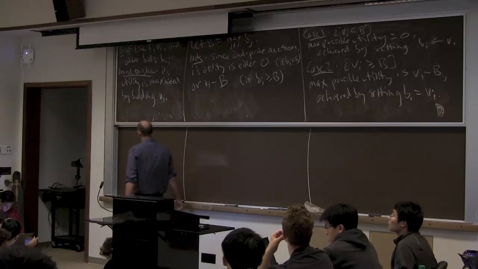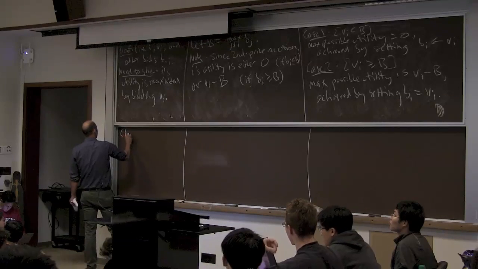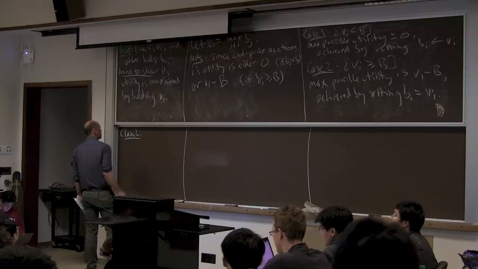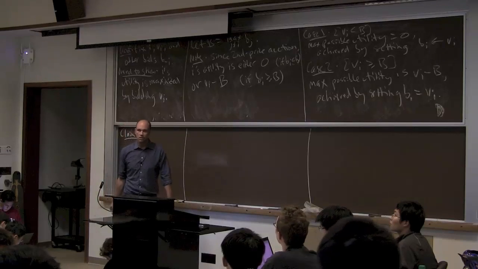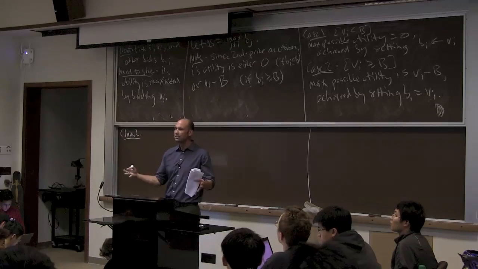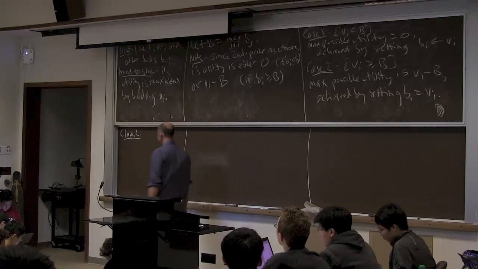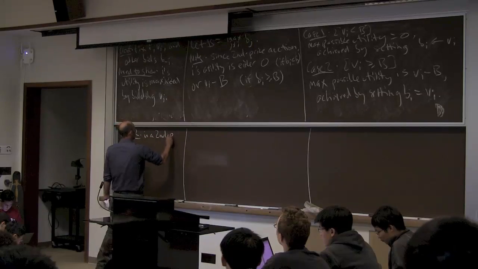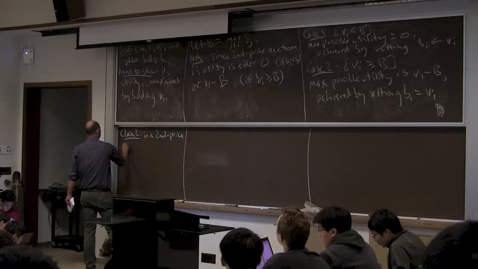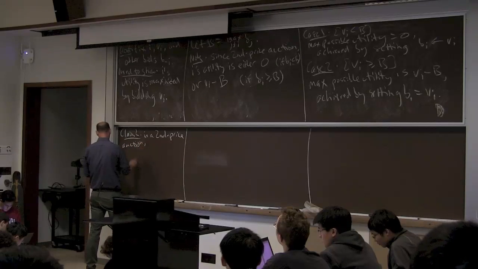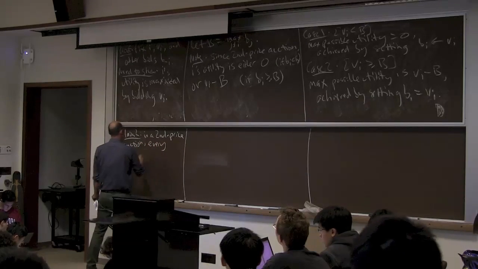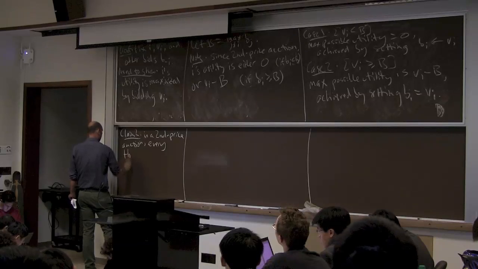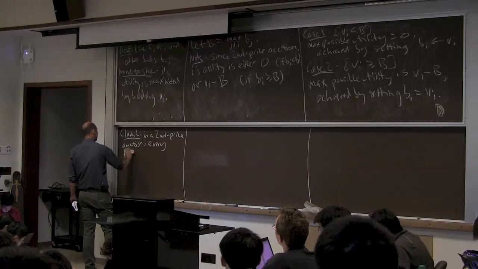Let me just point out another very easy property to see, which is you will also never regret participating in a second price auction, at least if you do the obvious thing and bid truthfully. So I claim that in a second price auction, I'm going to call it a truth-telling bidder.